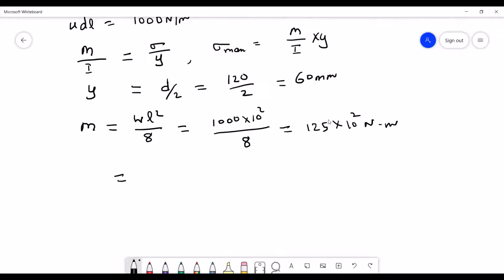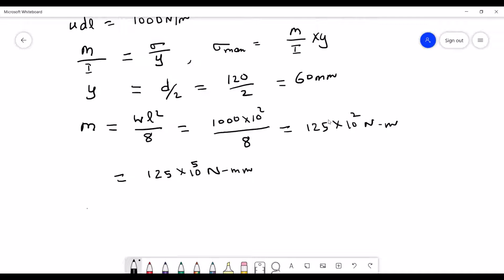And since the diameter is given in millimeter, we have to convert this into millimeter. So multiply with 10 raised to 3, so this will become 10 raised to 5. So M is 125 into 10 raised to 5 Newton millimeter.